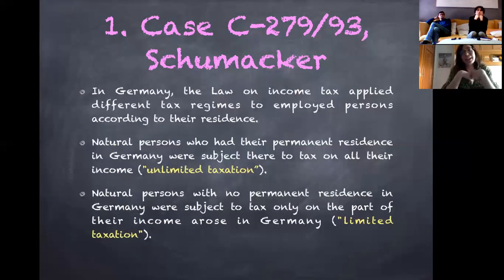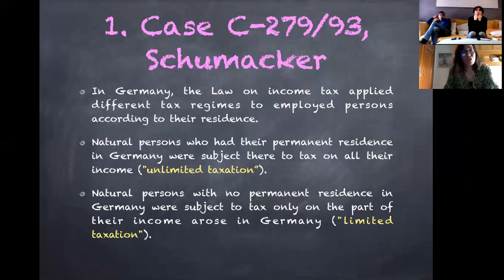In Germany, as in different member states of the European Union, personal income tax law distinguishes between residents and non-residents regarding the way in which each is taxed. Those residing in Germany are taxed on their worldwide income, so for the income that they get inside Germany, but also abroad.